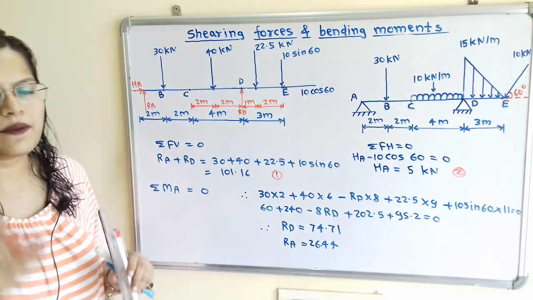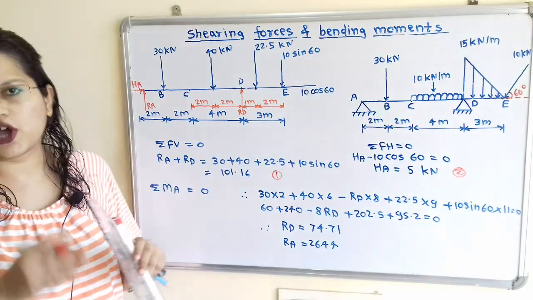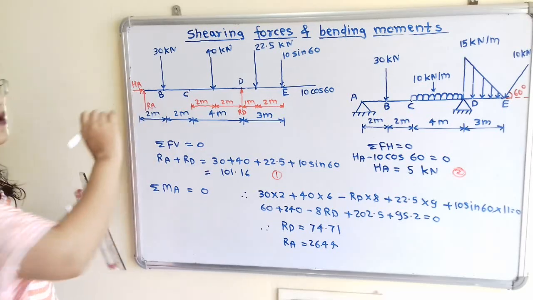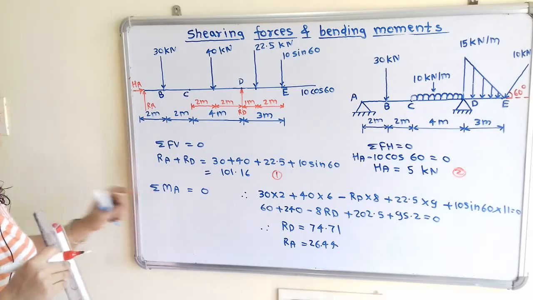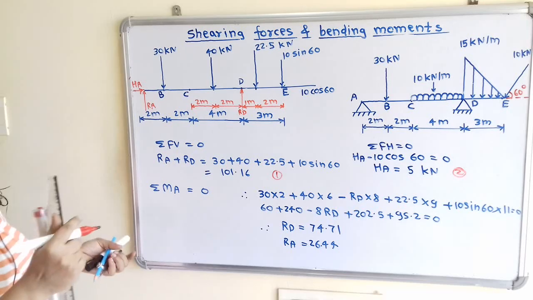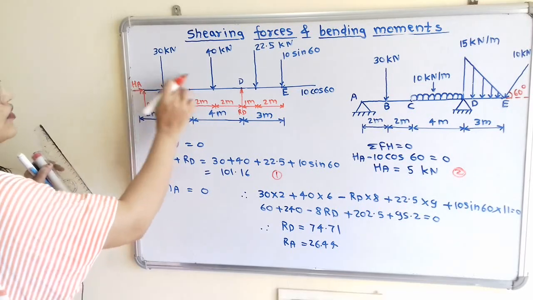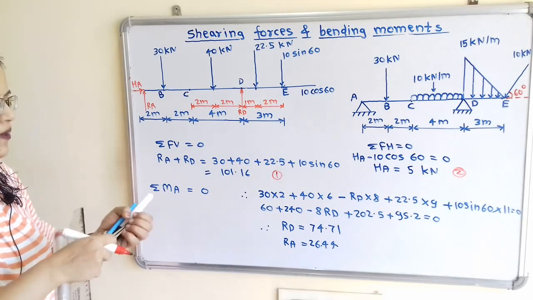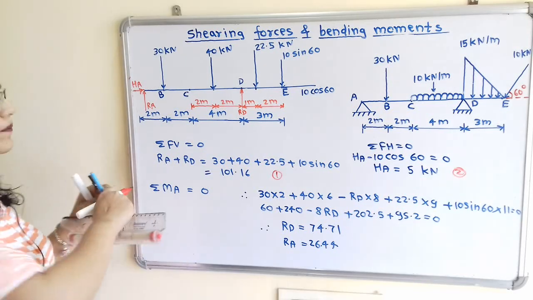Now next is summation of moment of all the forces about any point. We will consider point A, so summation of moments is equal to 0. So for that we have to take moment of all the forces about point A. How to take moment? Force multiplied by distance.